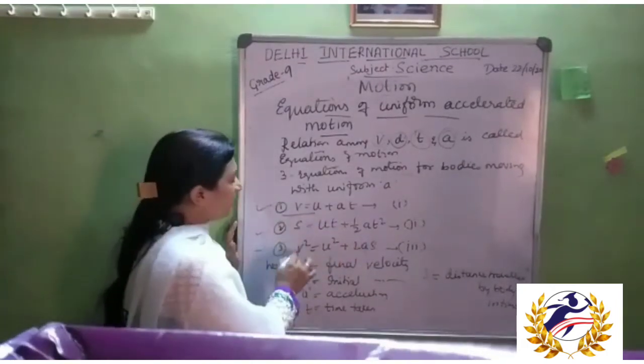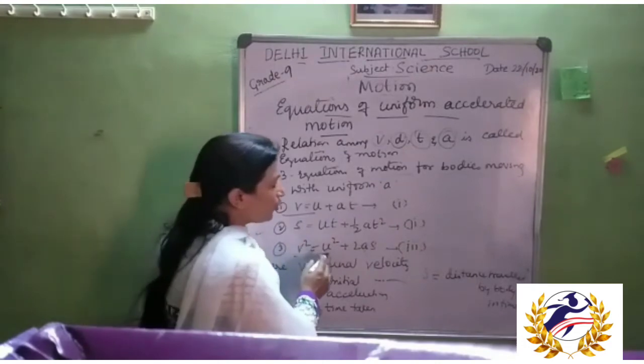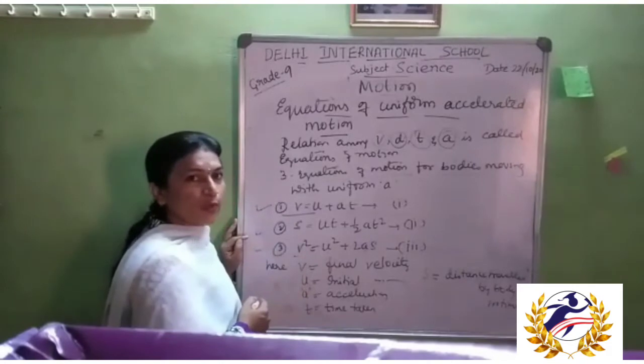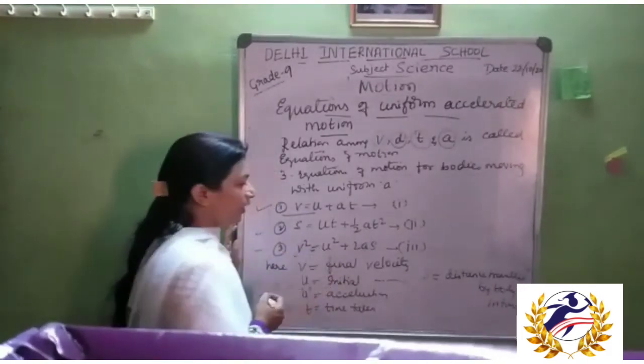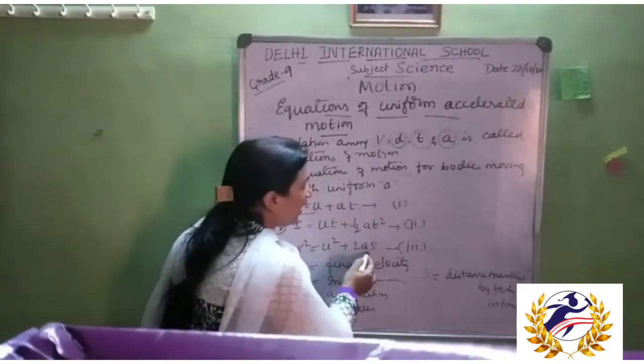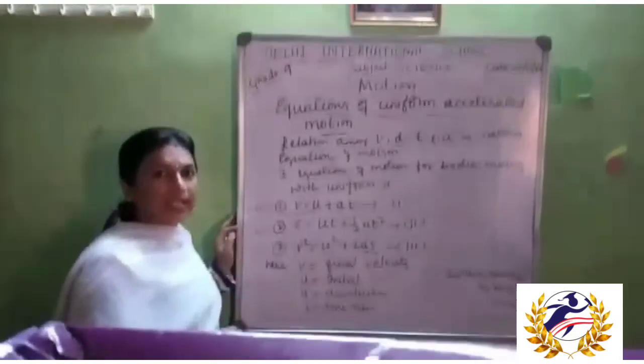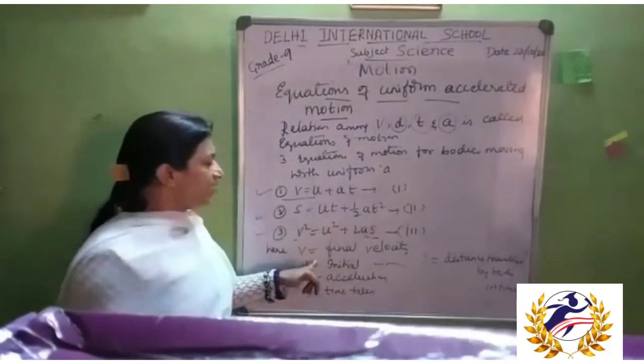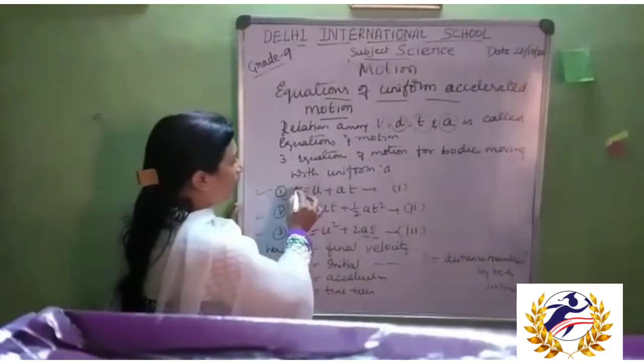And the next one is v² = u² + 2as. v² is the square of the final velocity, u² is the square of the initial velocity, 2 into acceleration into distance travelled.